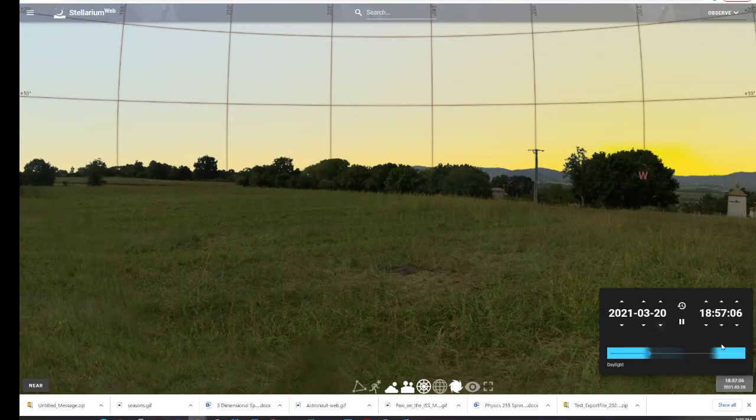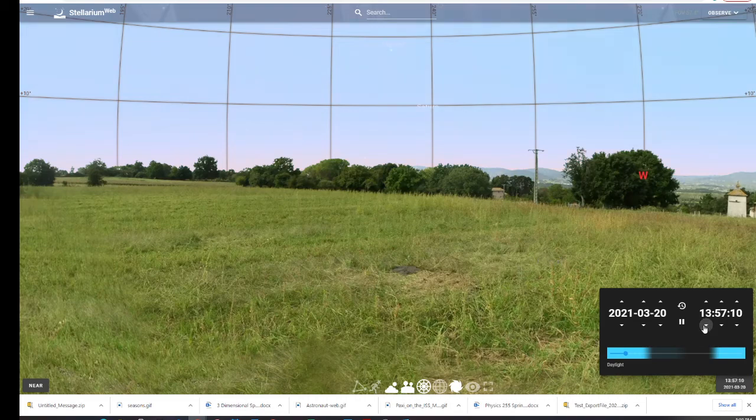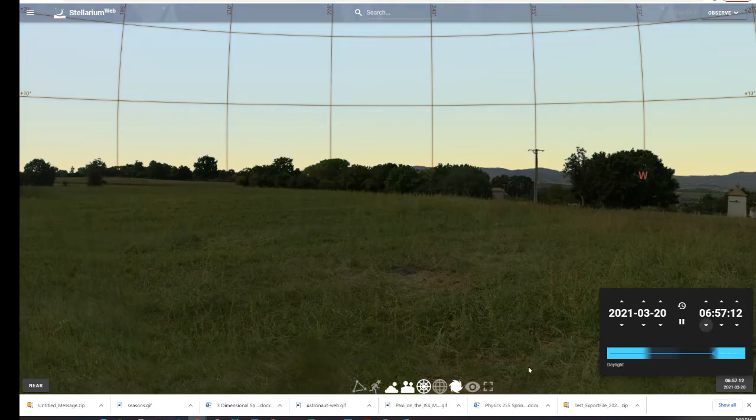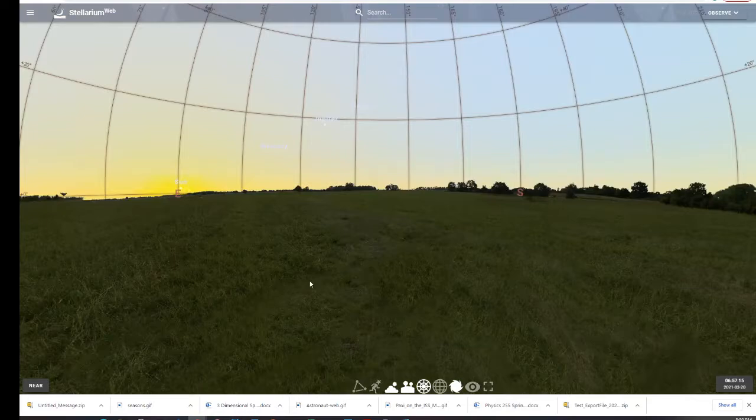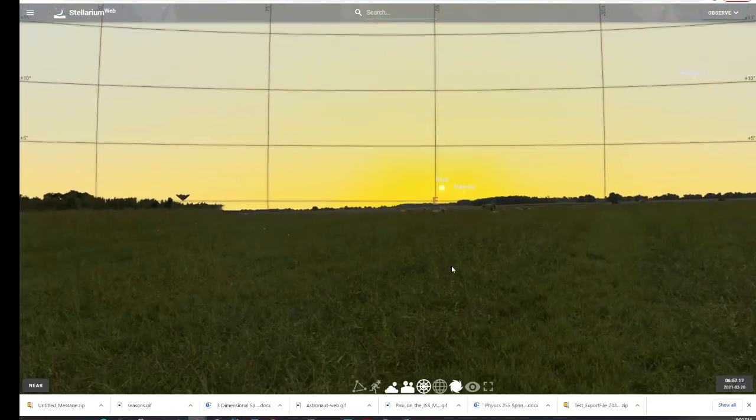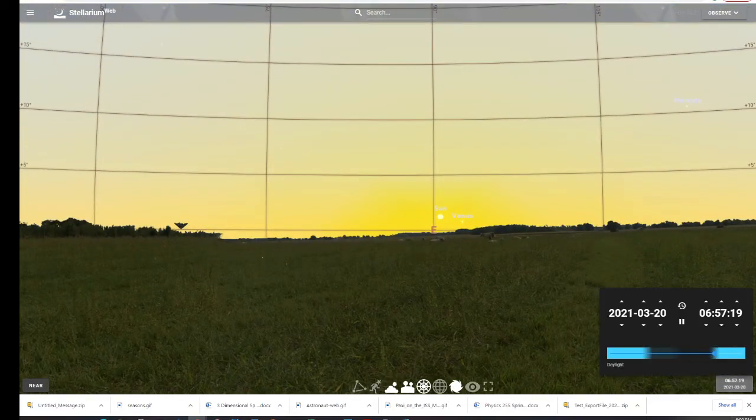However, let's back up here to March 20th morning. All right, so this is sunrise on March 20th, or around the time of sunrise, okay? So what if we skip ahead a few months and look at the summer solstice? Or let's just say look at the next month, right?